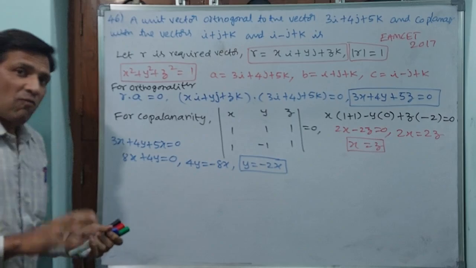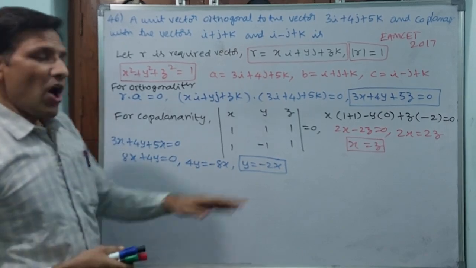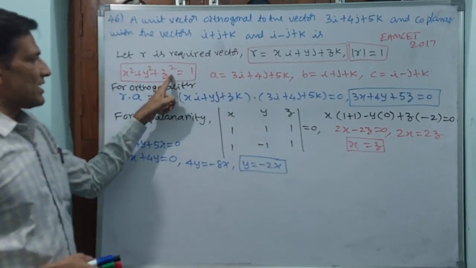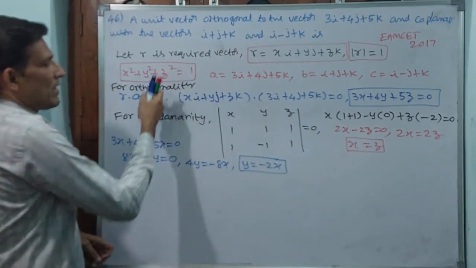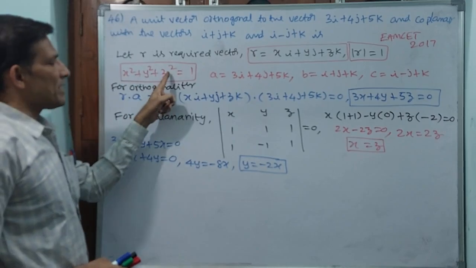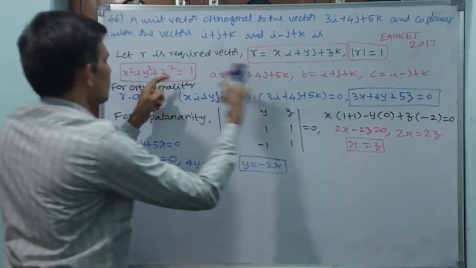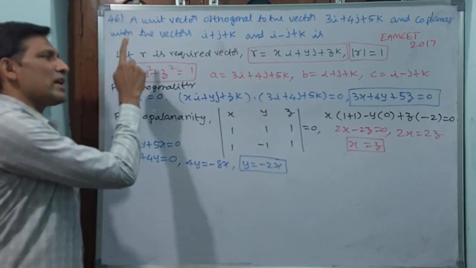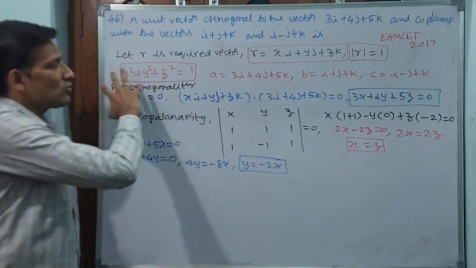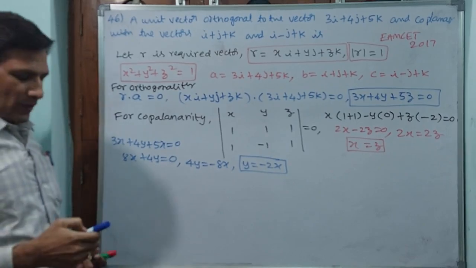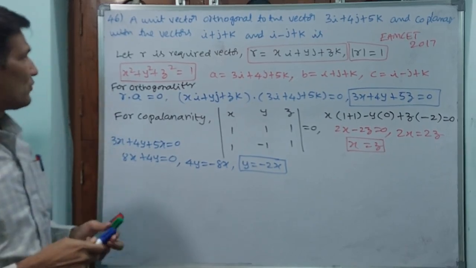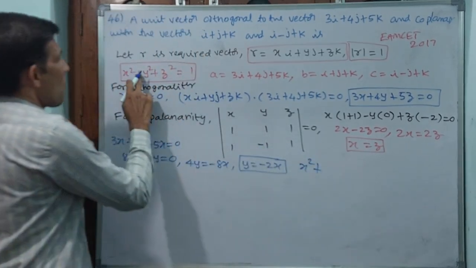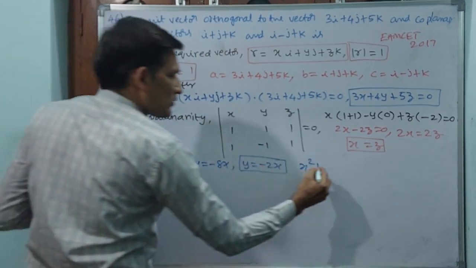Now we are going to replace everything with x. In x square plus y square plus z square, in place of z we will write x square, and in place of y we will write minus 2x whole square. Now I am substituting this: x square plus y square means minus 2x whole square.